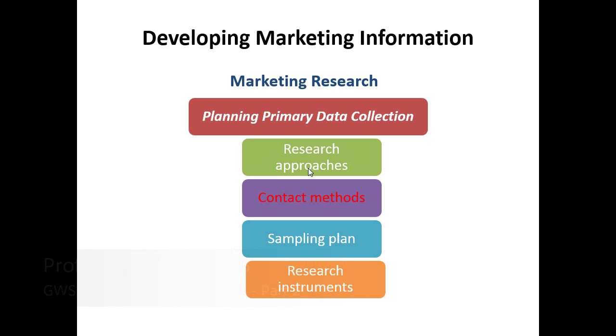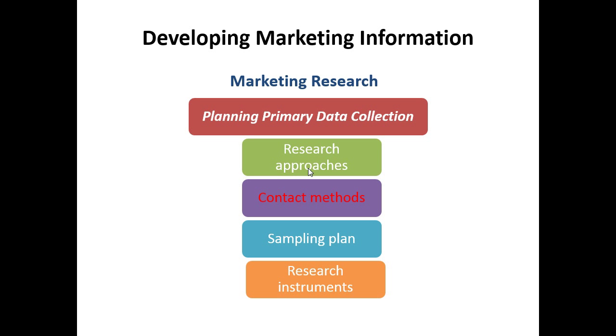When we left off in the previous part for market research, we were talking a little bit about how there are various ways that we could actually collect data. And we were talking about the planning phase when it comes to actually doing primary data collection.